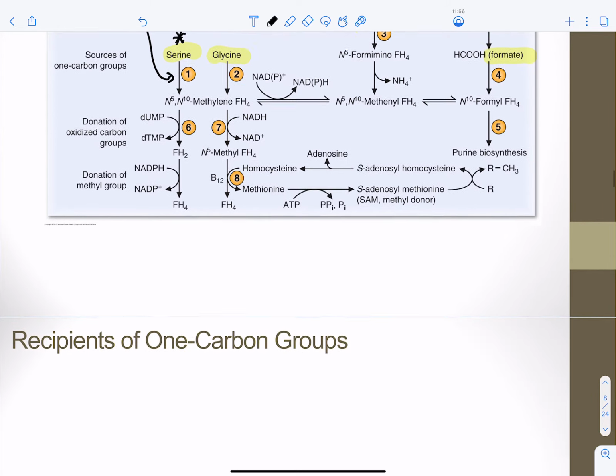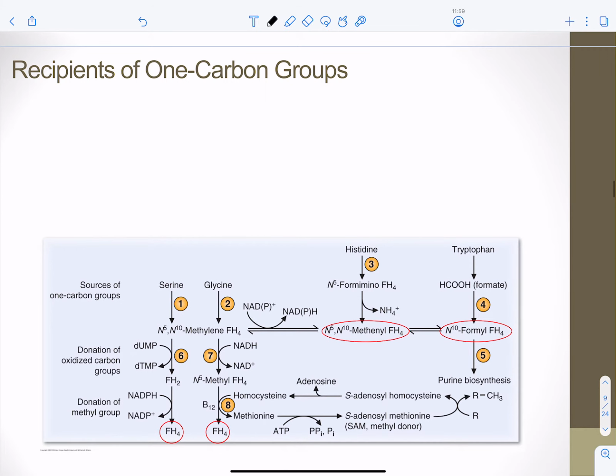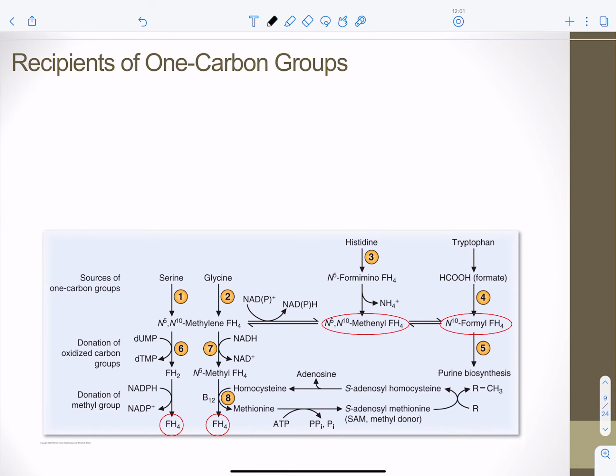Now you also have recipients of the one carbon groups. Okay, so transfers are going to be involved in the synthesis of glycine from serine and the synthesis of the base thymine, which is required for DNA synthesis. Both the purine base is required for DNA and RNA synthesis, and the transfer of methyl groups to vitamin B12.